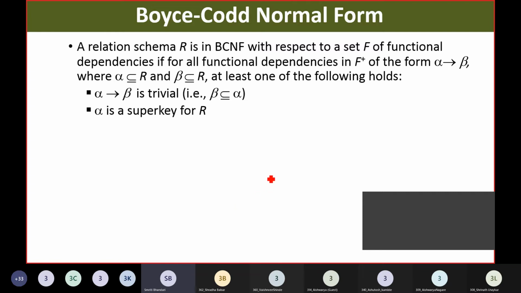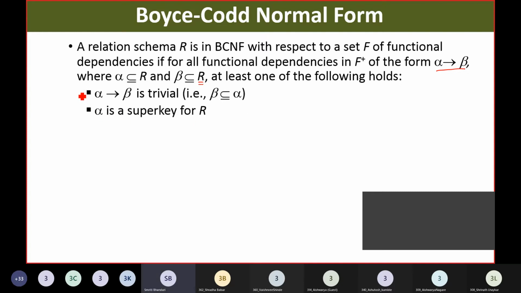Let us try to define BCNF. A relation schema is in BCNF with respect to the set F of functional dependencies if, for all functional dependencies in F plus of the form alpha to beta, where both alpha and beta are subsets of R, at least one of the following holds.